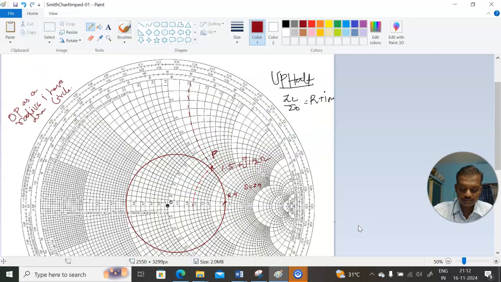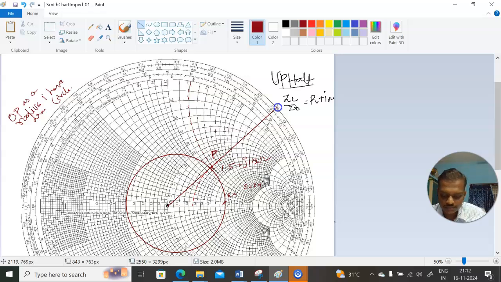From O, I am supposed to draw a straight line via P, and you can name that point P dash.